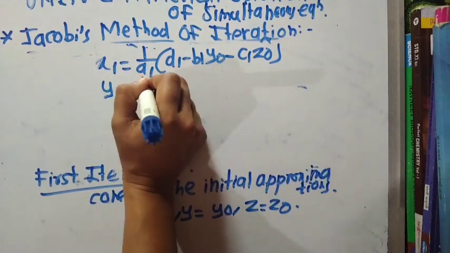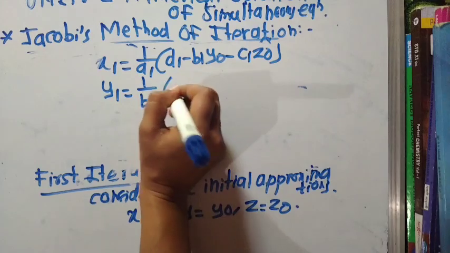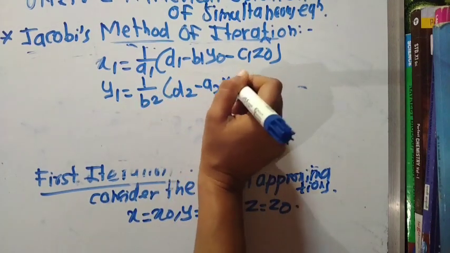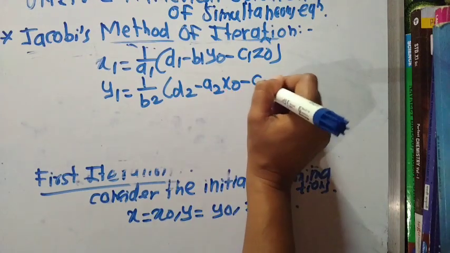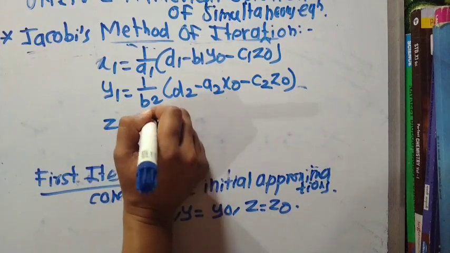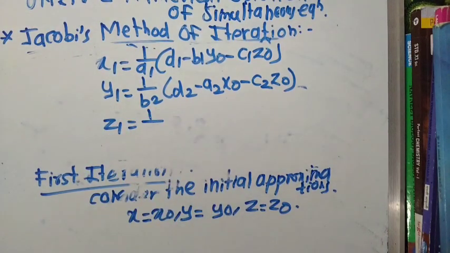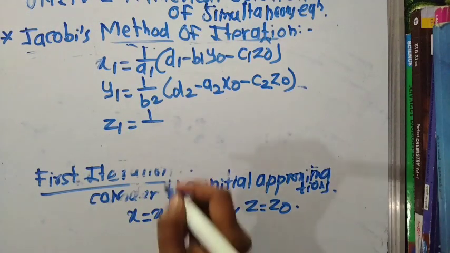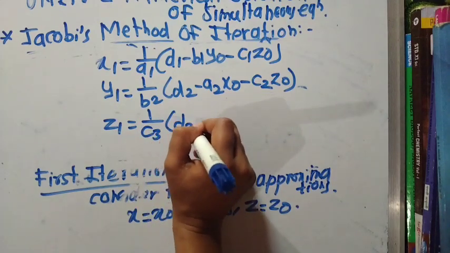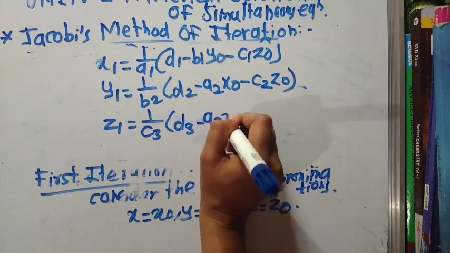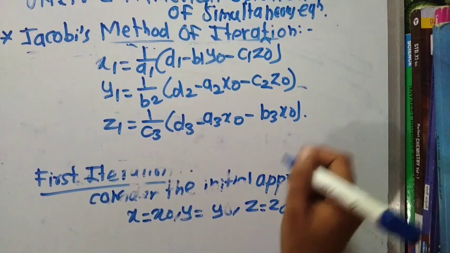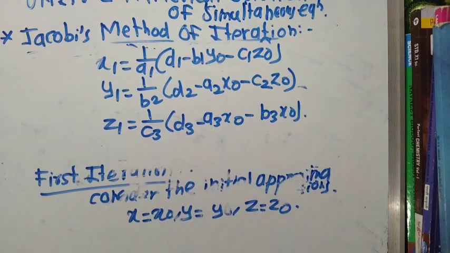Then y1 is equal to 1 divided by b2 (d2 minus a2x0 minus c2z0), and z1 is equal to 1 divided by c3 (d3 minus a3x0 minus b3y0). These are the first iteration.